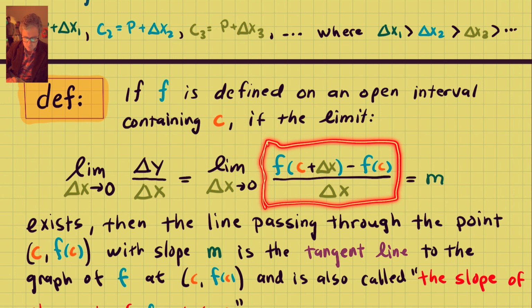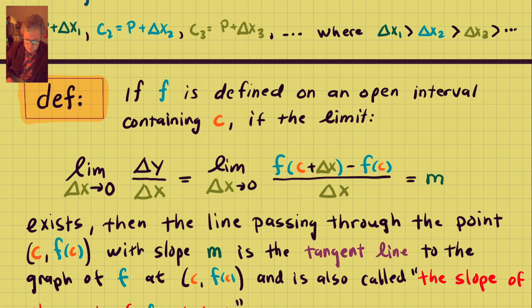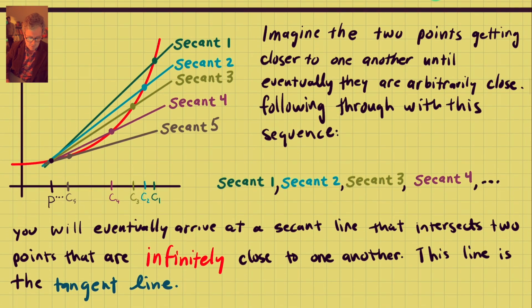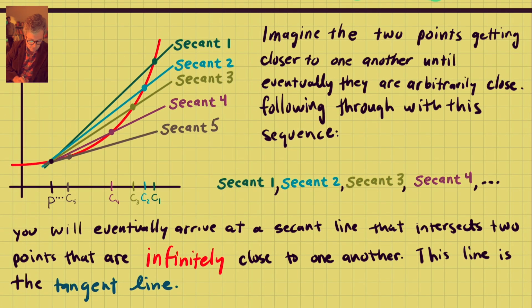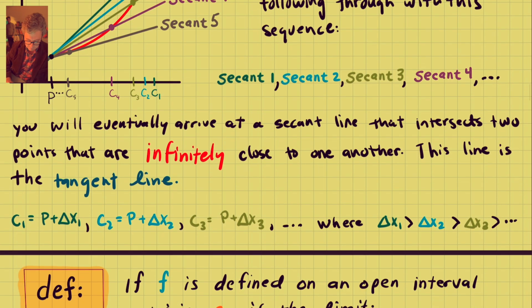Well, this is the limit as delta x goes to 0, which basically means that c plus delta x is becoming arbitrarily close to just c. So this is what was happening in this picture here. Your delta x is shrinking, and as your delta x shrinks, your value on the x-axis named c gets ever closer to p.